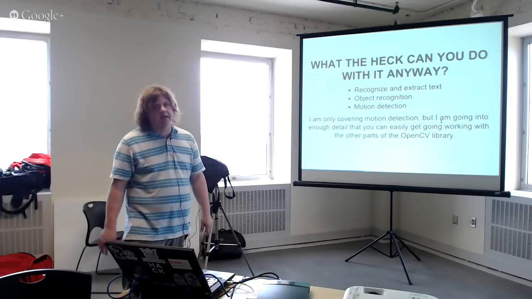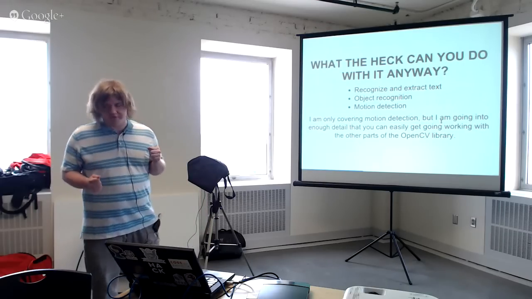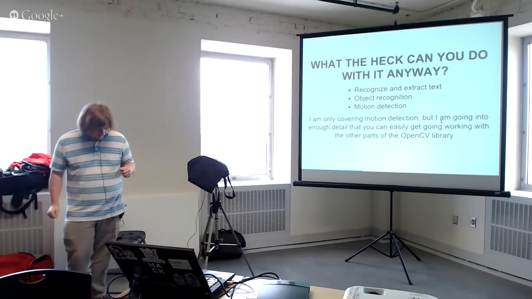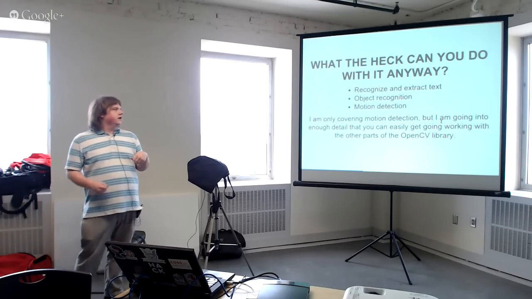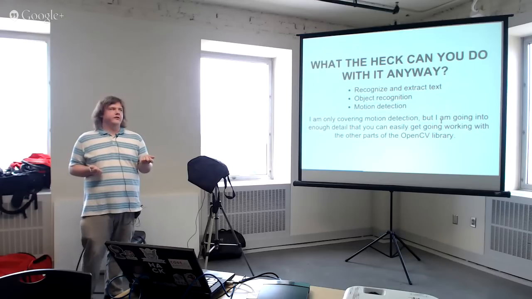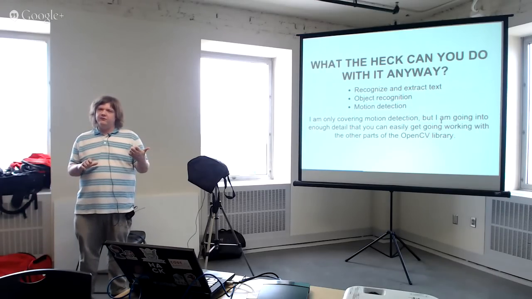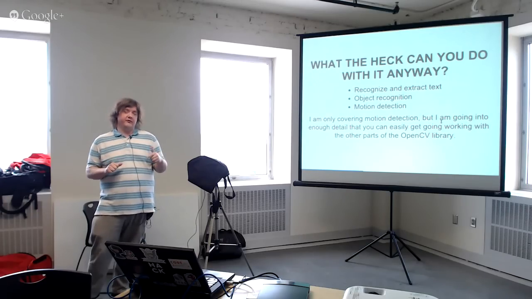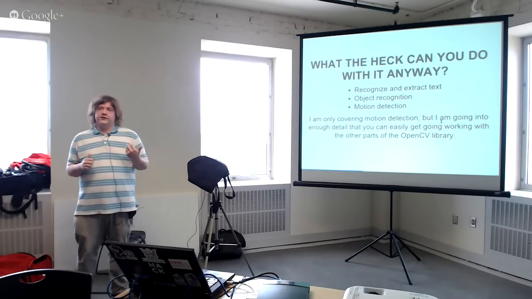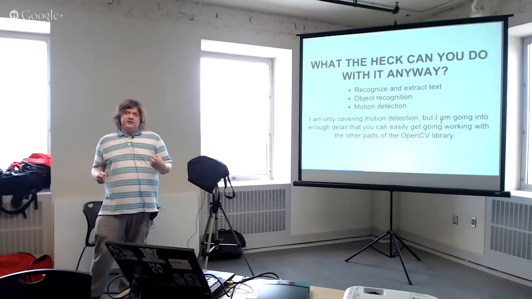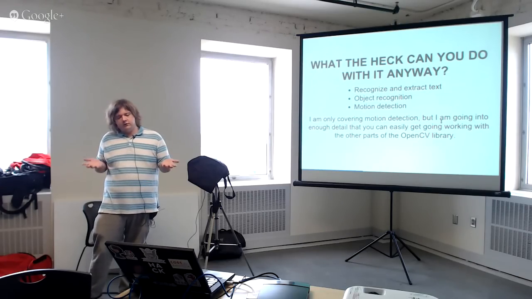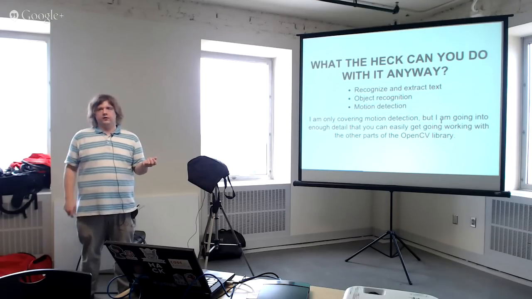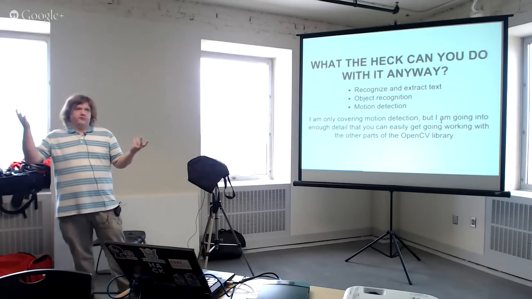So what can you do with computer vision anyway? Lots of different things. Popular subfields of computer vision include OCR, to recognize and extract text. I think somebody at the last meetup asked me to do a demo of this, and very good demos exist for showing how this works. Object recognition: let's say you're holding a ball, maybe you want the camera to detect that there's a ball in your hand, or detect where your eyes are.